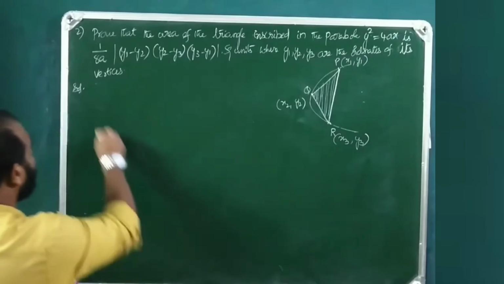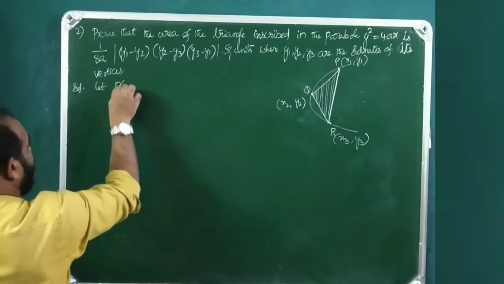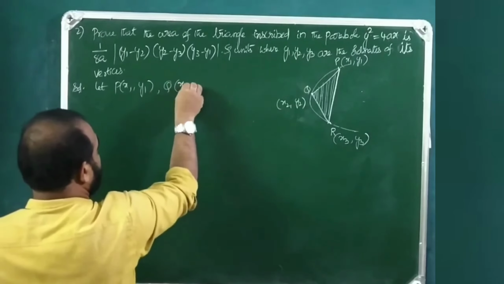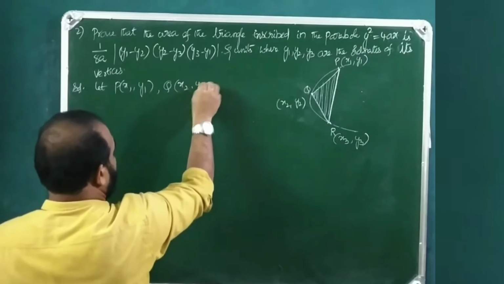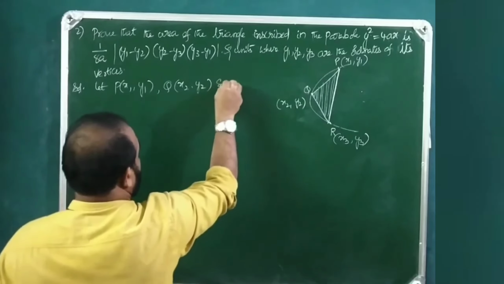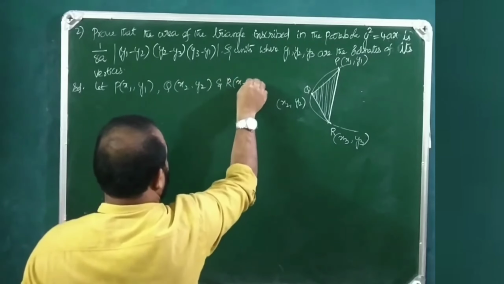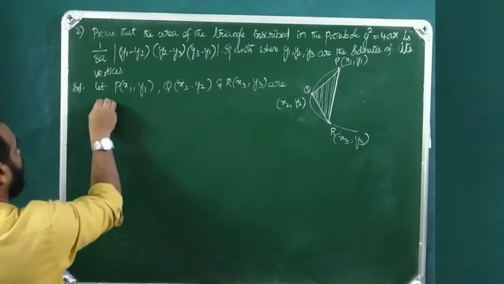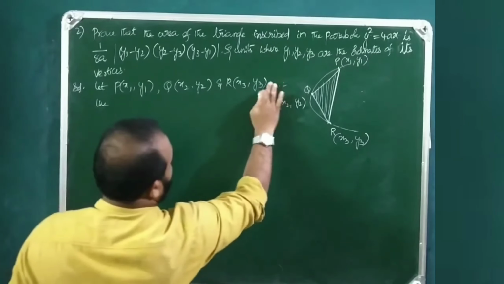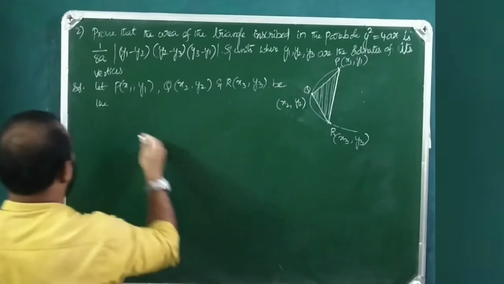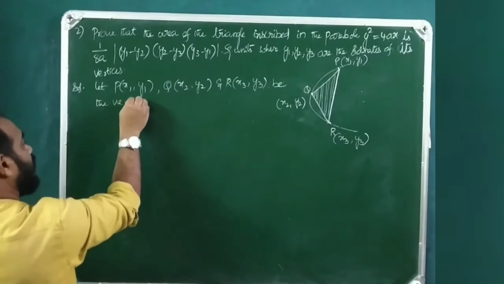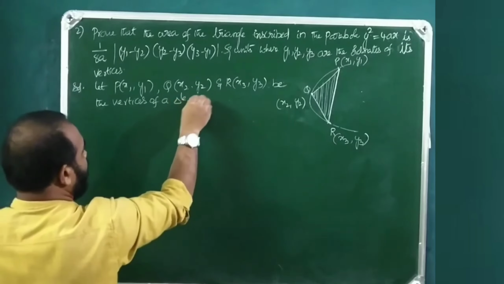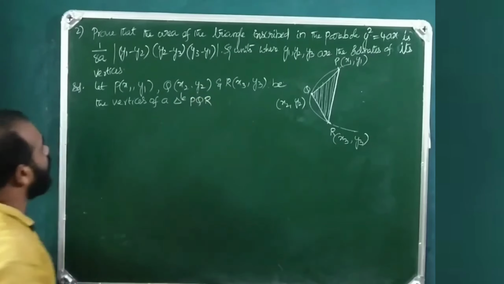Now let P x1, y1, Q x2, y2 and R x3, y3 be the vertices of a triangle PQR.